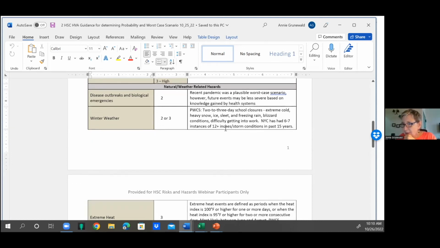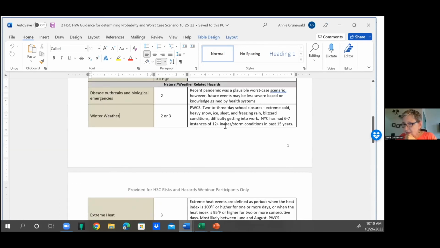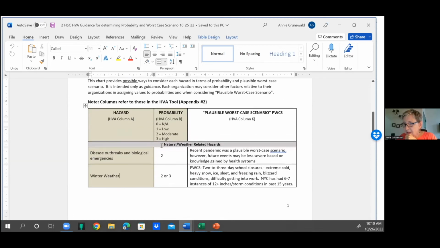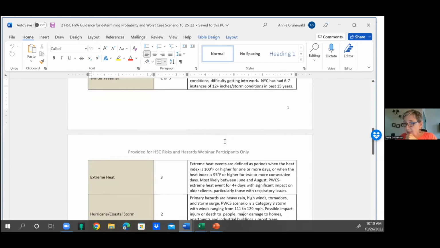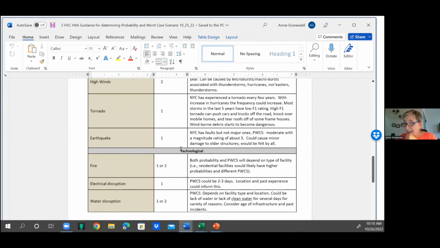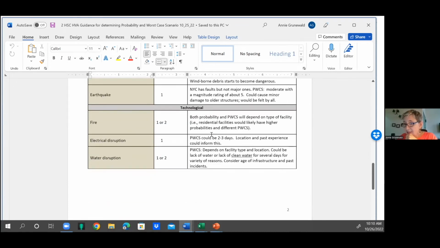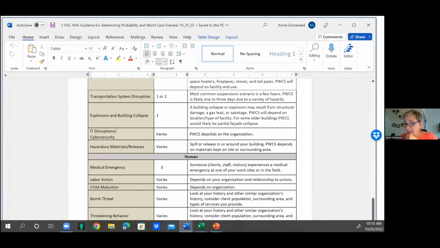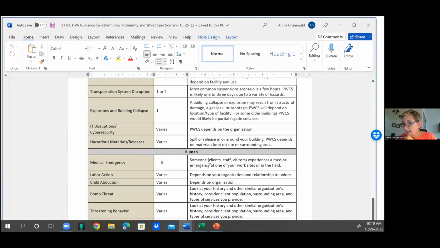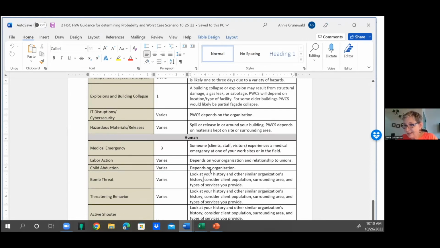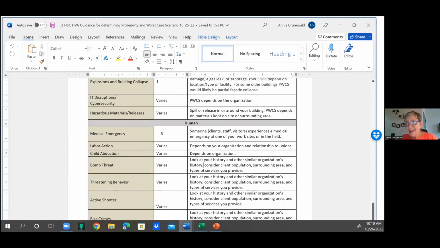I want to go down here too. We've divided hazards, as you probably saw, into natural, weather-related, technological events, and then human events. And that's where it's harder for us to tell you what your plausible worst case scenario is. Most of it, we say here, depends on your history and other similar organizations' history.